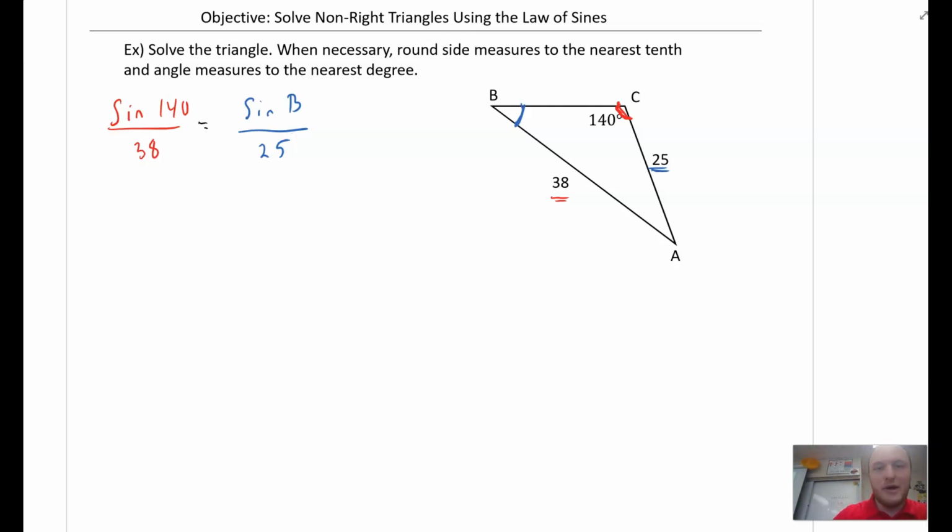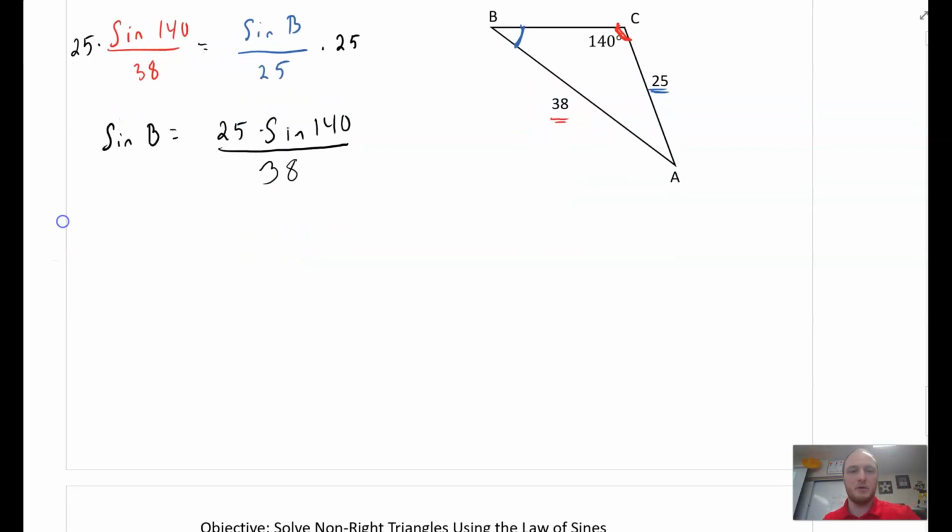Okay, so I will multiply by 25 on each side, and we get sine of B is equal to 25 times the sine of 140 over 38. Okay, now I want to solve for B. So how do we undo trig? Well, we have to utilize inverse trig, right?